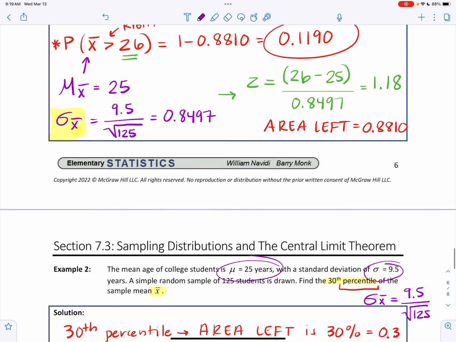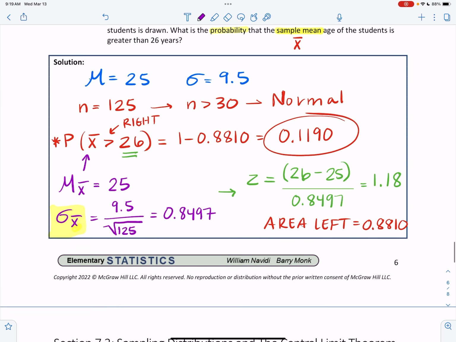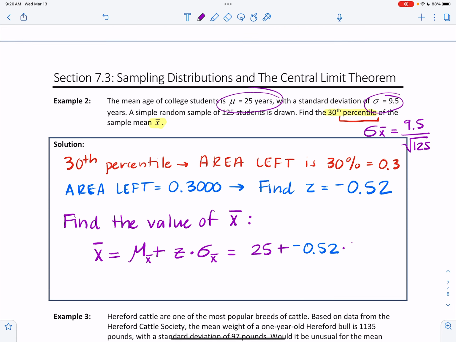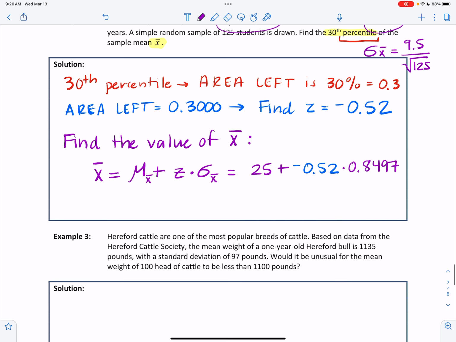So whether we're finding a probability, an area, or a data value, if we're dealing with the sample mean, we have to change our standard deviation. So I'm going to use that 0.8497 that we found in our previous problem, because that is the standard deviation for a sample mean value. Now if I evaluate this, I'm going to take the mean.